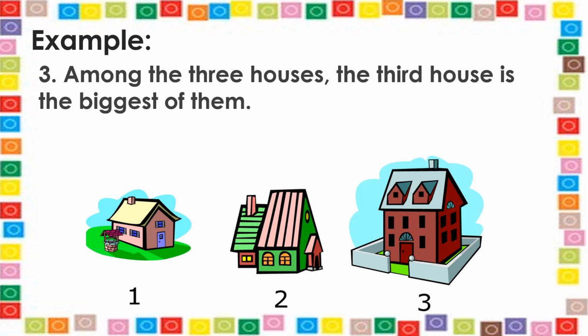Can you read it with me? Among the three houses, the third house is the biggest of them. As you can see, three houses are being compared. 1, 2, and 3. So we will be using the superlative degree in comparing them.